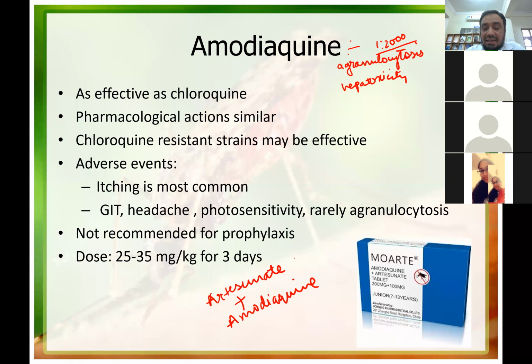Okay, artesunate, its dose is 100 milligram twice daily, and amodiaquine, its dose is 600 milligram daily. Okay, 600 milligram daily given as 300 milligram twice daily. Okay, so the fixed dose combination of amodiaquine with artesunate is available, and that is used in uncomplicated falciparum malaria.